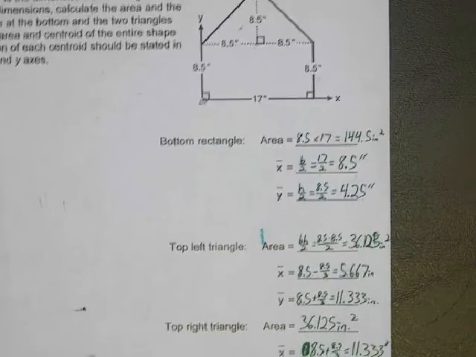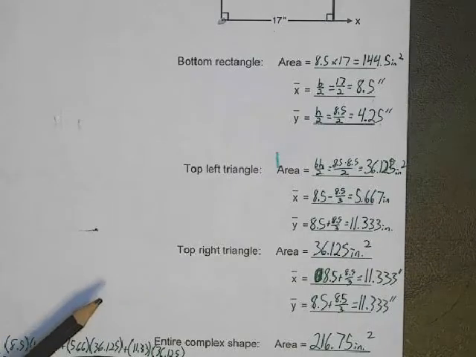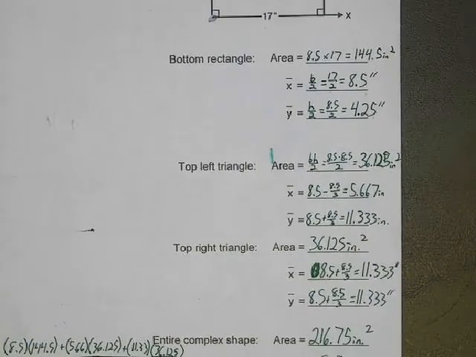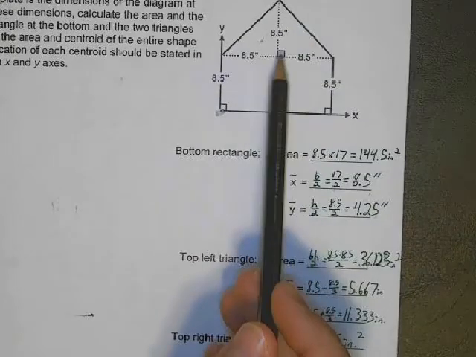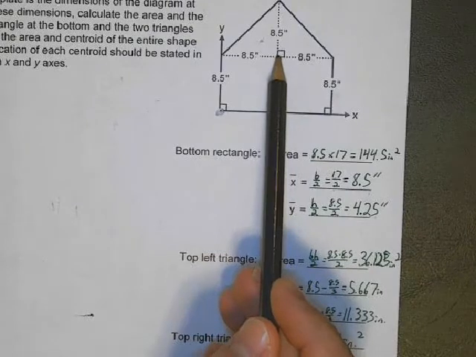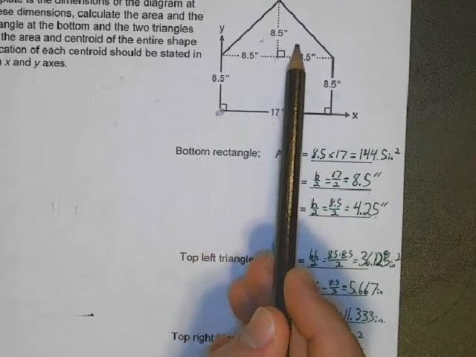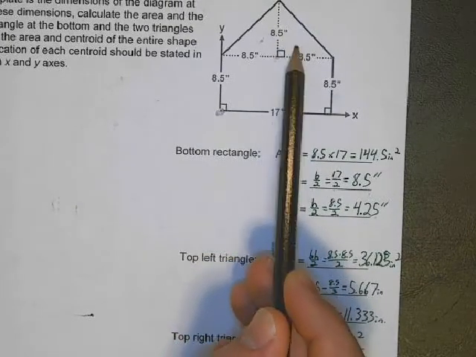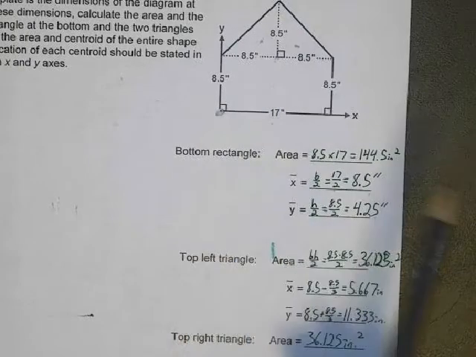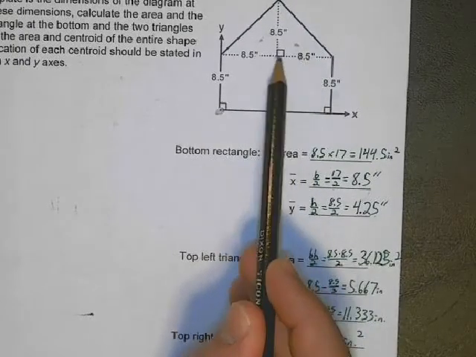Now my image is going to go away here, but we're going to talk about the top right triangle. Same concept, except now we're over here, so we're going to be going from this point here over for my x centroid, and then up again for my y. So my y centroid will be the exact same, and my x centroid will just be a little bit different.